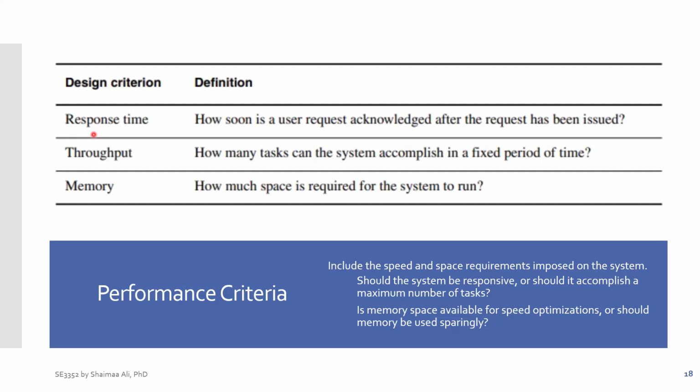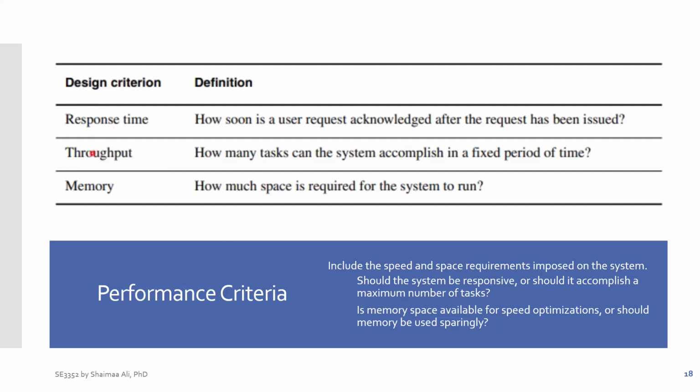Another related performance criterion is throughput, which is the number of tasks that can be accomplished in a given fixed span of time. And then there is memory. Obviously, there is a trade-off here. If you want a fast response time, it often requires the use of a cache. A cache is things stored in memory that are ready to access, so that improves the response time.